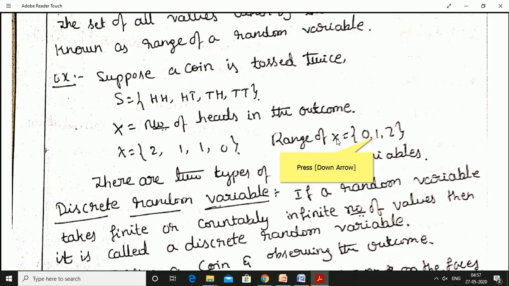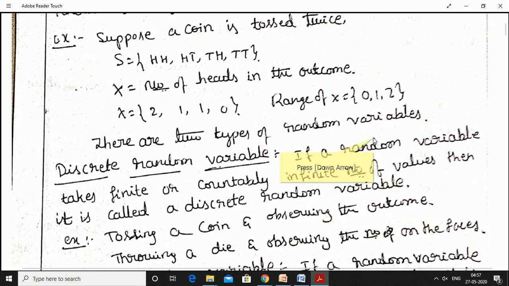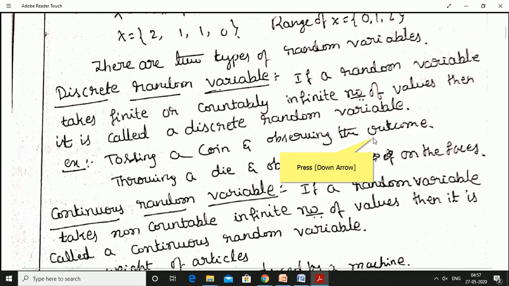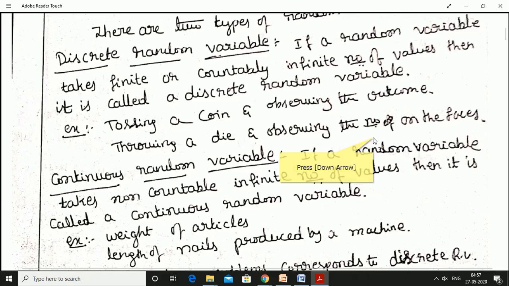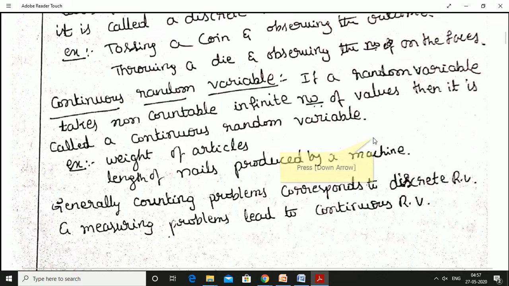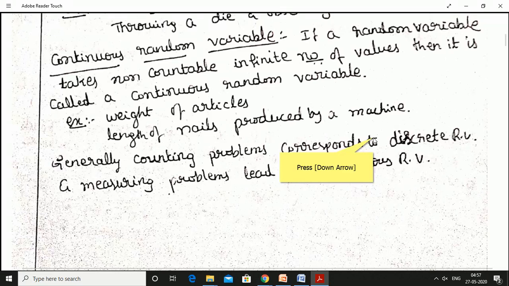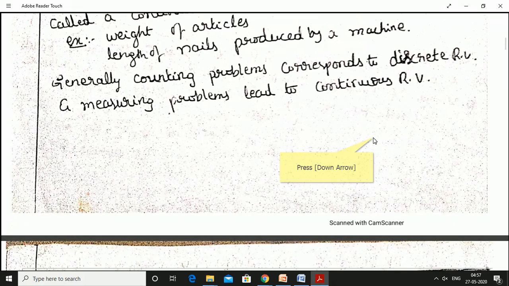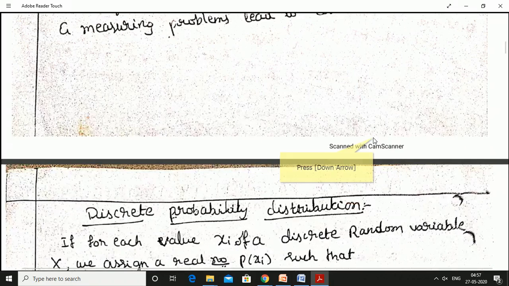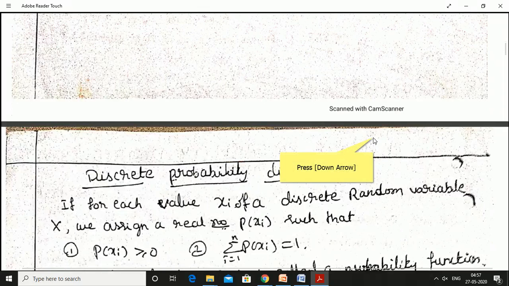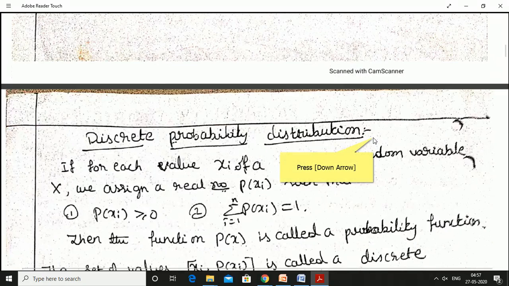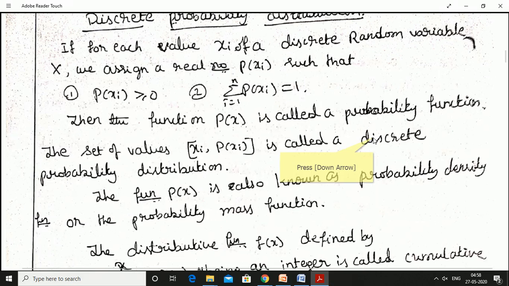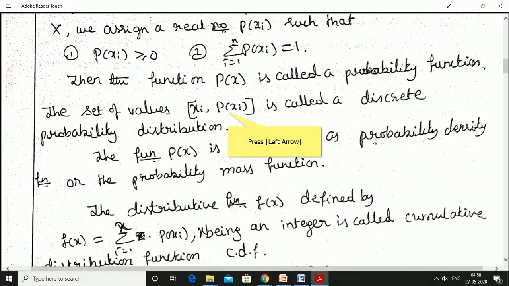Such a function p of x is known as the discrete probability function or probability mass function or probability density function.